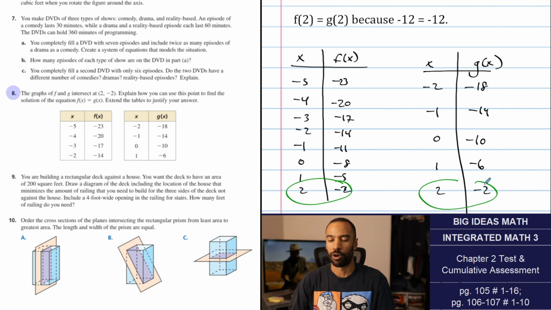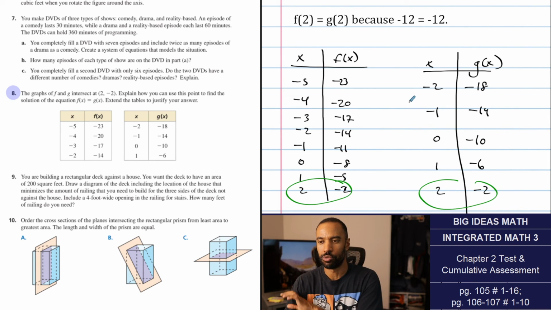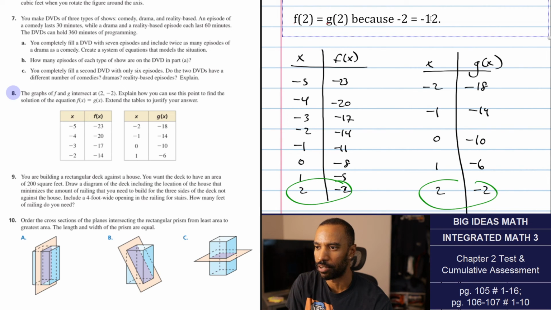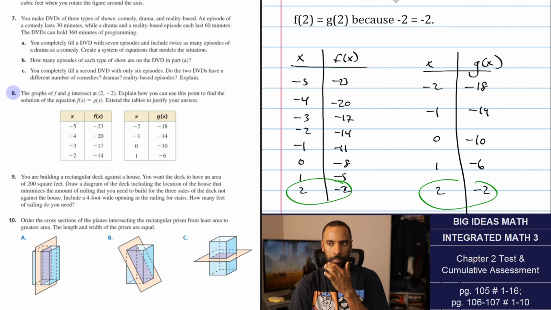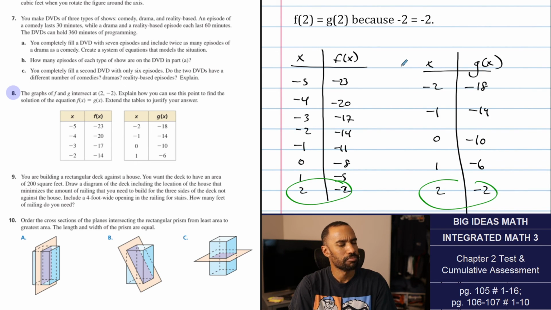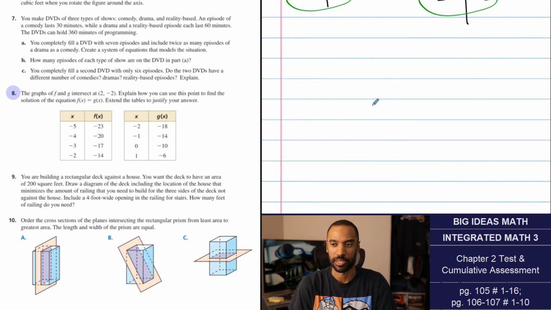I don't know what they're asking for, but f of 2 is -2. g of 2 is... sorry, I put -12, I meant -2. f of 2 is -2. g of 2 is -2. Therefore, they intersect and they are solutions. I don't know what else to say. I'm tapped out on that problem.